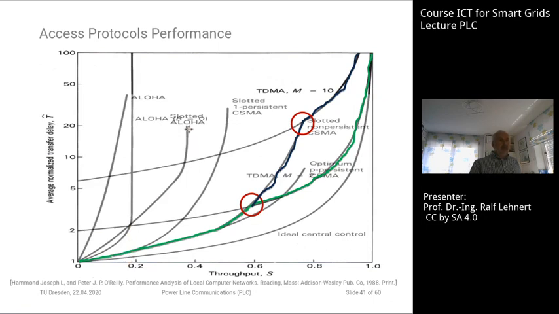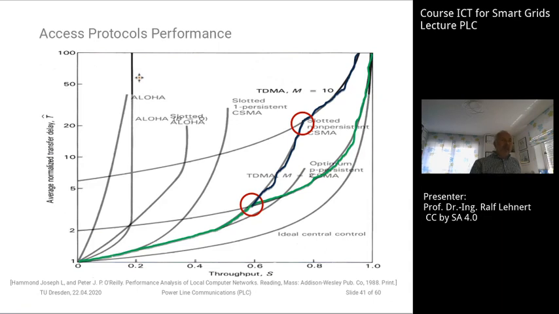Slotted ALOHA can reach double of this, and all curves which have a very steep behavior with respect to the delay means there is a very long queue for transmission, and you have very high losses, so the channel utilization is more or less very low, and you have very long transfer times.